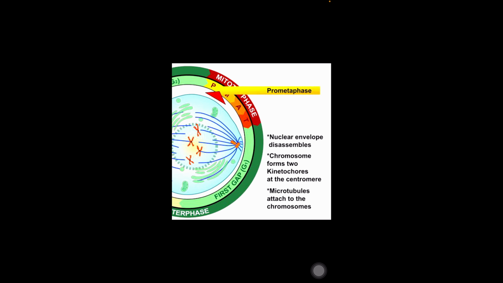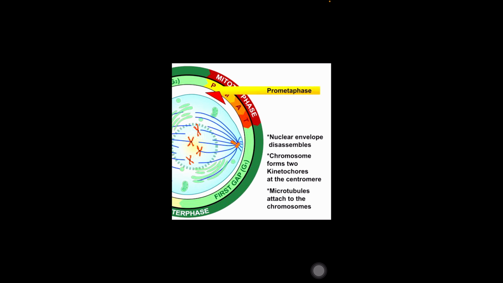So you can see the elongation of the microtubule spindles attaching themselves now to the chromosomes in the middle. You can see this in this clear picture here. And this is as a result of the nuclear membrane disintegrating, so now the microtubules can penetrate.